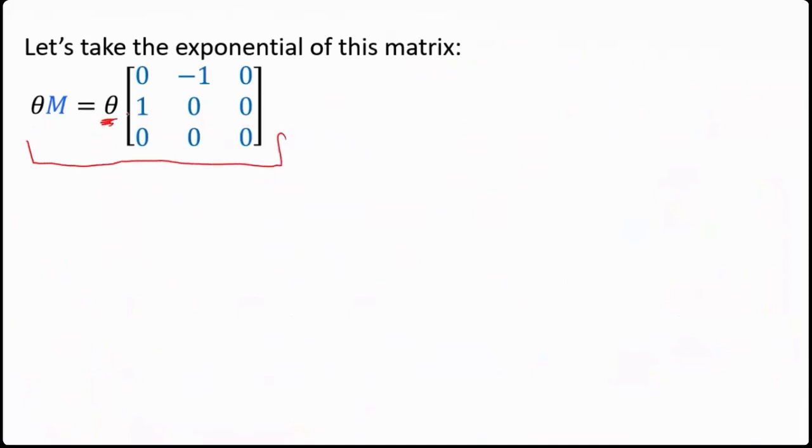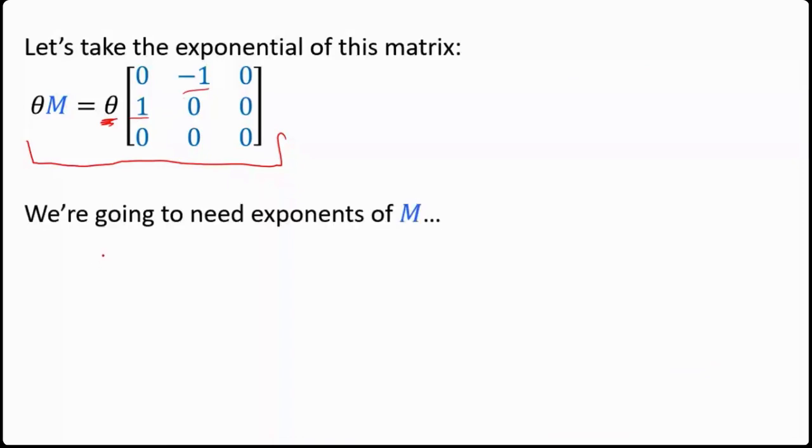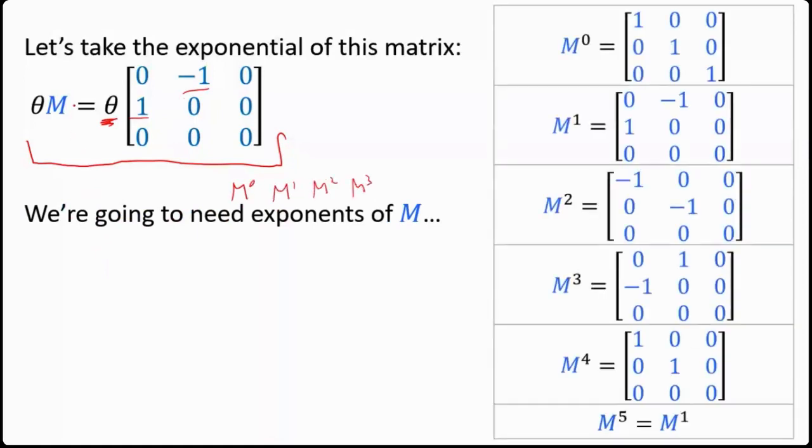So I'm going to do something silly, and take the exponential of this matrix. Theta is a variable, and this is the matrix here, with 1 and -1. We're going to need all the exponents of M: M0, M1, M2, M3, and so on. I've done that here. M to the 0 is just the identity matrix.